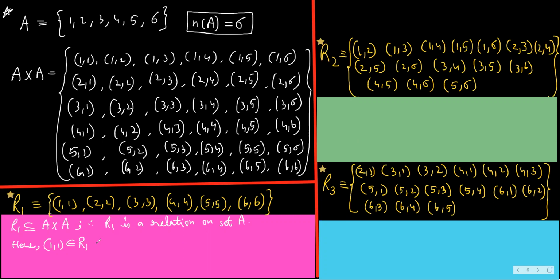We can also write this as 1 R1 1. This one is an element from the set A, and this one is also an element from set A. So (1, 1) can also be written as 1 R1 1.